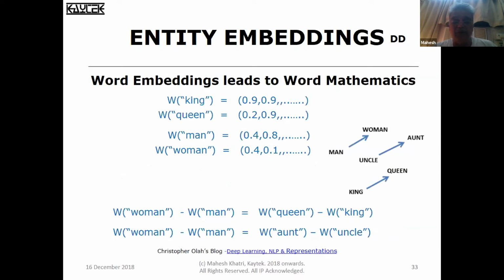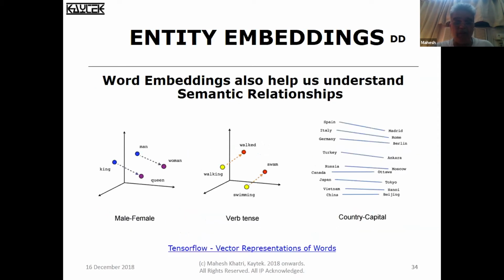So essentially what word embedding does is it leads to word mathematics, as has again been shown in the particular block. The relationship between man and woman is the same as the relationship between uncle and auntie or king and queen. And these are also useful for understanding geographic concepts. The capital of Germany is Berlin, which is the same as Moscow being the capital of Russia.